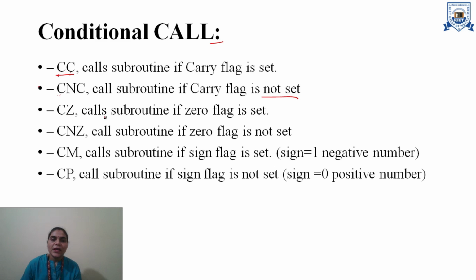CZ, call subroutine if zero flag is set. CNZ, call subroutine if zero flag is not set. CM, call subroutine if sign flag is set. Sign flag has 1 and 1 represents a negative number, 0 represents a positive number. So CP calls the subroutine if sign flag is not set.